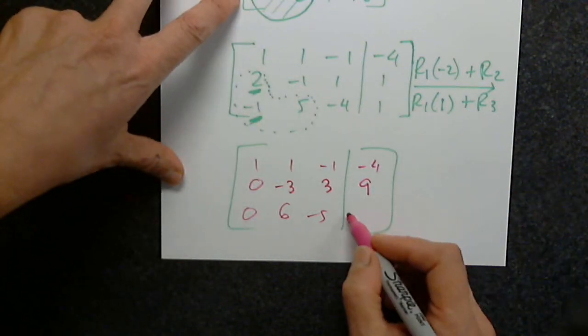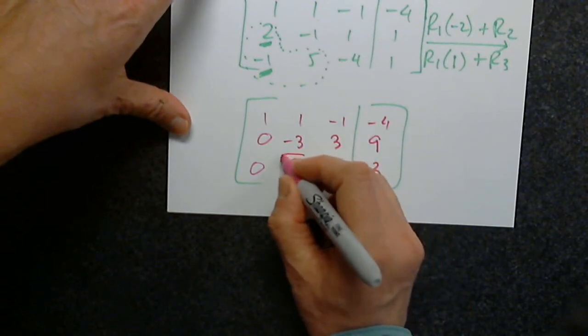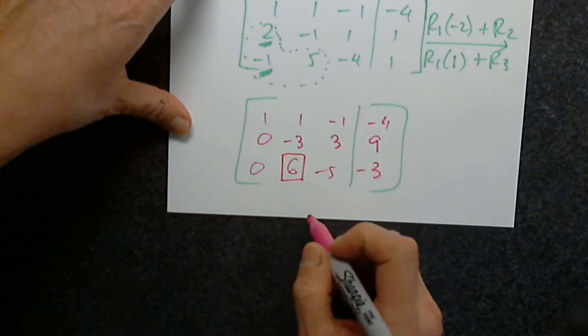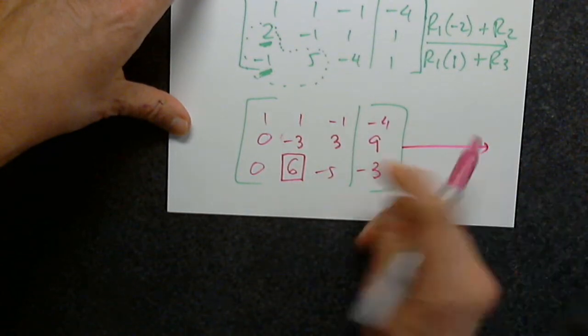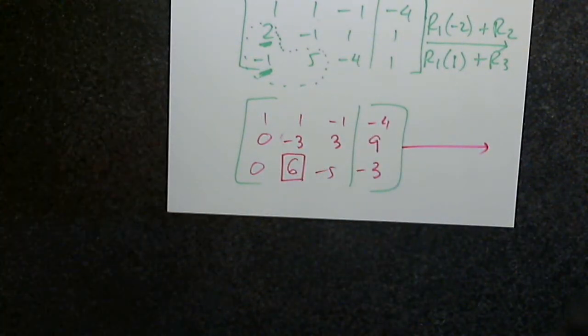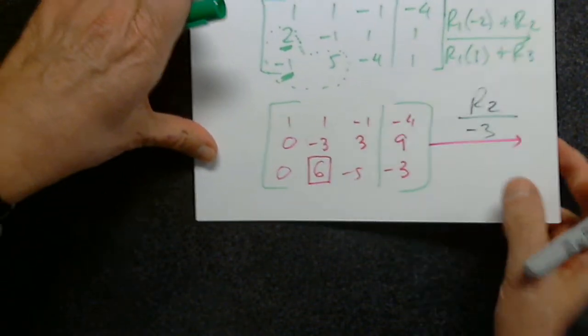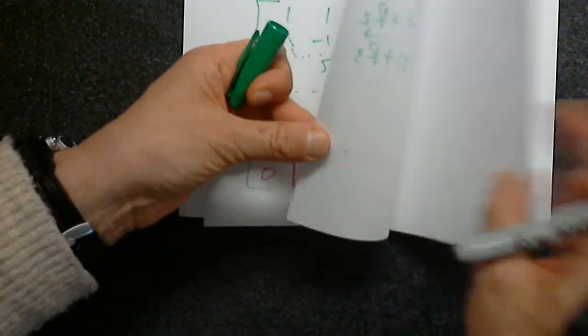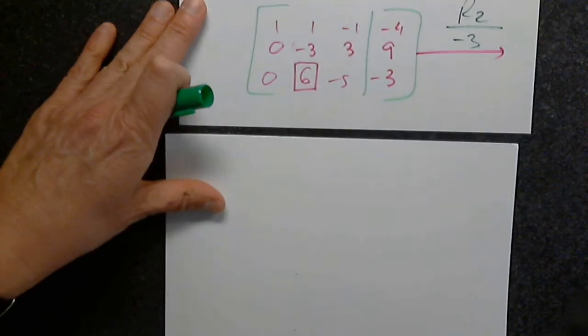Plus 1. -3. Perfect. The only thing I need now is to make this into a 0, but I'm not ready yet. I have to make this into a 1. How do I make this into a 1 first? Both sides by? Excellent. Row 2 divided by -3. Well done. Perfect. So let's do just that.